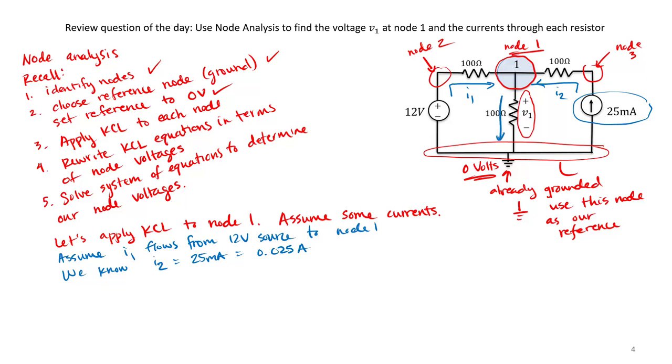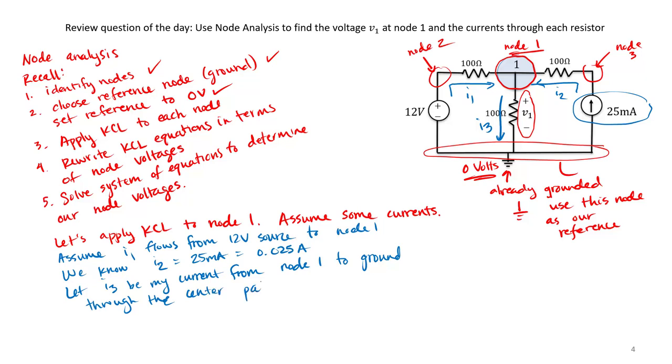And then I'm going to let I3 be my current from node 1 to the ground through the center path. So notice I have I1 and I2 entering, I3 leaving.